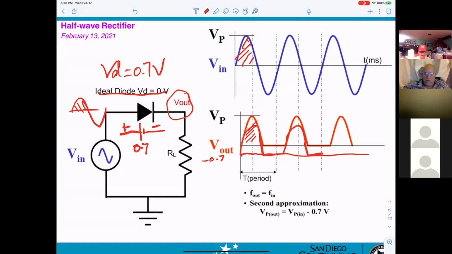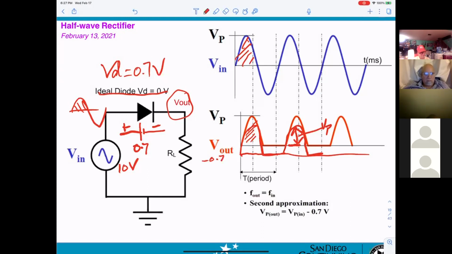So if you want to measure the V peak of the signal, V peak will be measured from here, 0, up to the top. That means V peak. If I say you get a V peak of 10 volt, then this one cannot be 10 volt.